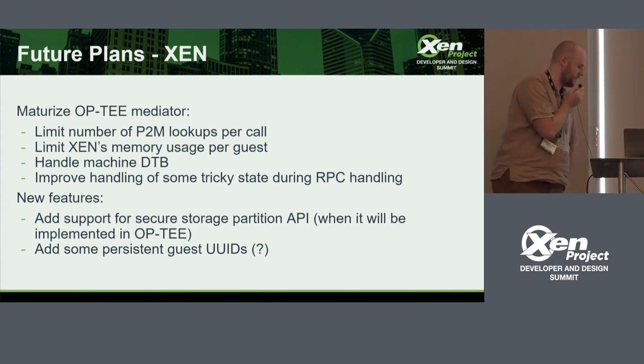The mediator is in an experimental state, so it is not ready for production. We need to do a couple of things before we can make it more mature. First, we need to limit the number of P2M lookups, because right now, in the worst case, the mediator can do up to 16,000 lookups per one call to OP-TEE, which is not good.